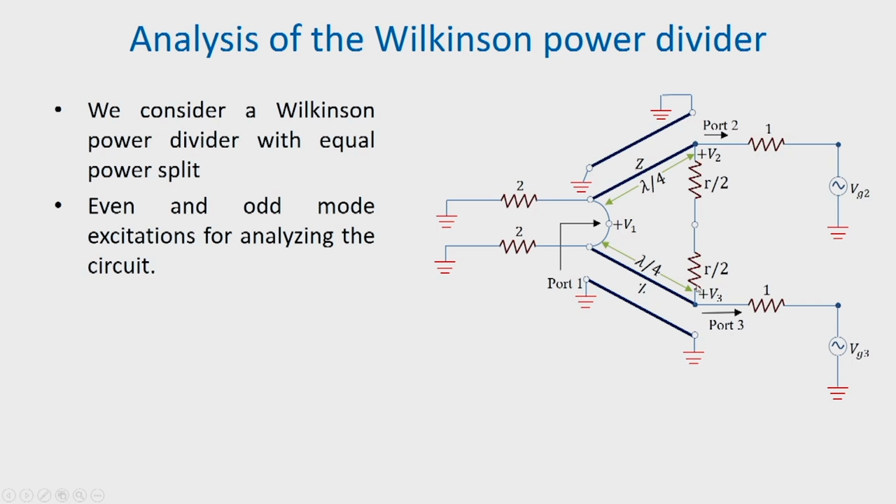The normalized resistance between the two output ports is R, which has been written in this form, R by 2, R by 2.